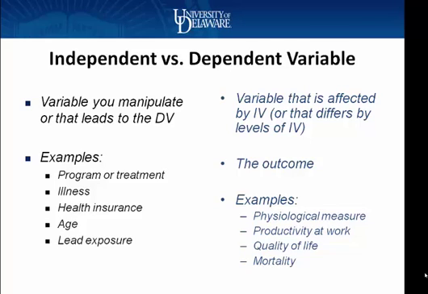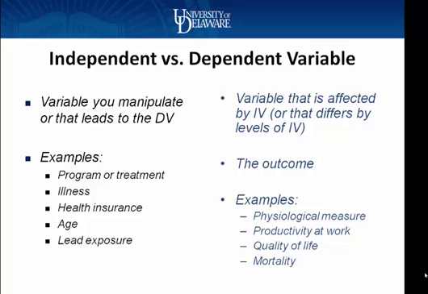Right? And then stopping smoking would be your DV. That's the outcome. An illness, for example, if you're looking at cancer rates, health insurance, age, and then other examples of your dependent variable would be a physiological measure, quality of life, mortality, something like that.